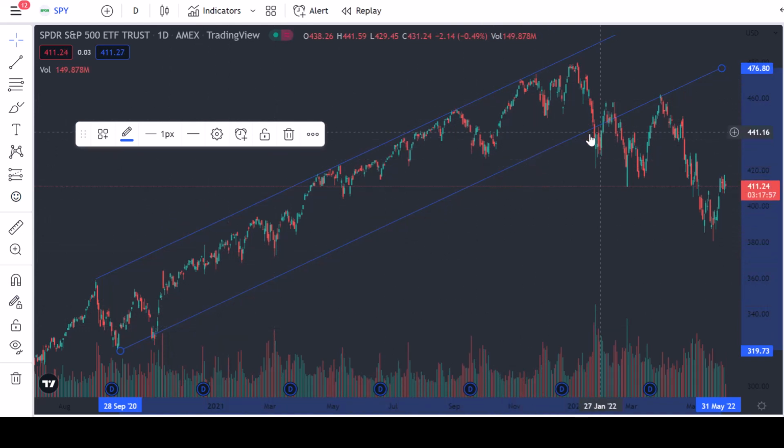As you can see, as it broke through this trend line, it somewhat became a place of price action, of support or resistance, until finally it broke. We tried to come up to that bottom of the channel and rejected hard.